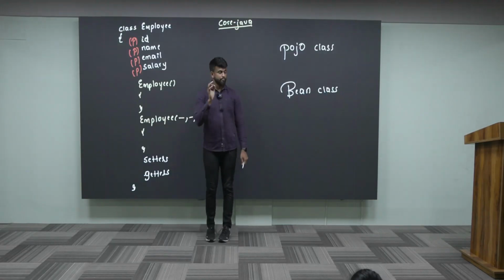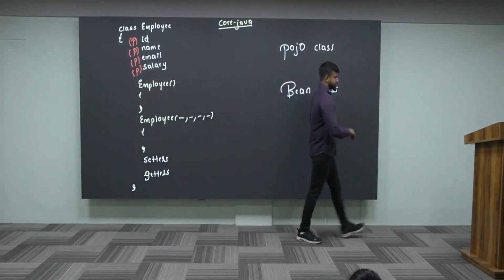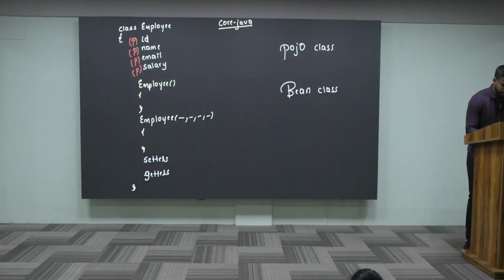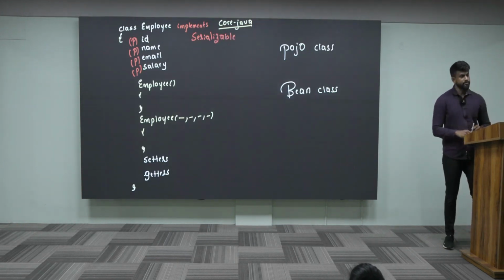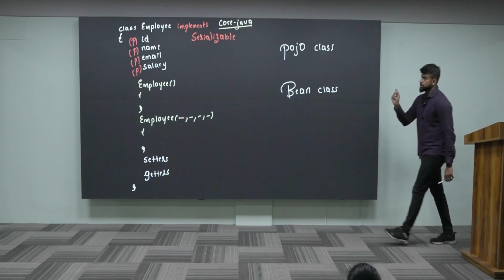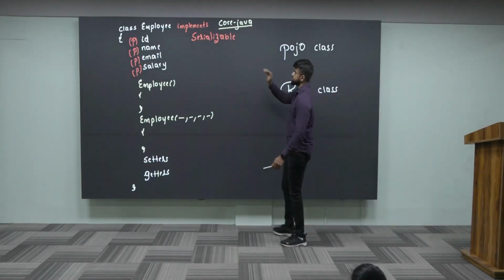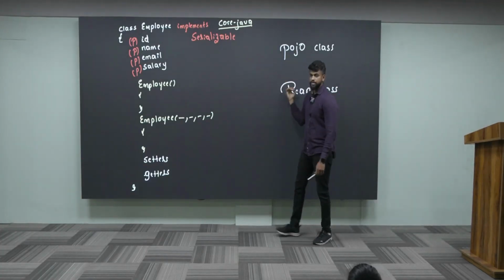Bean means one difference is there. What is that, sir, if you ask me? This Employee class will implement one interface. And what is that interface? The name of the interface is Serializable. If a class is implementing Serializable, we call it a Bean class.